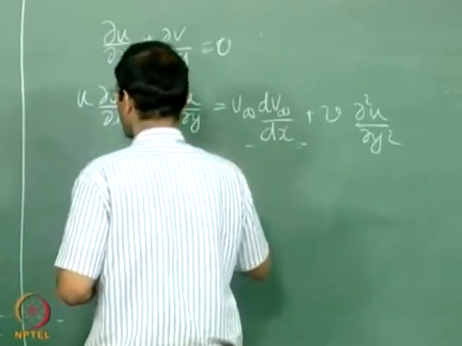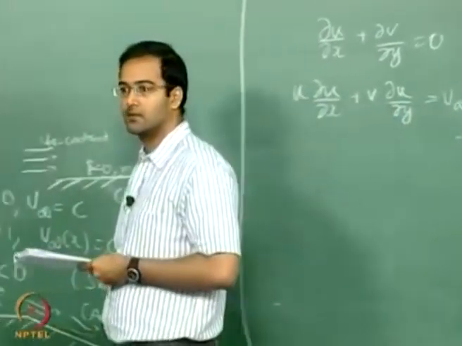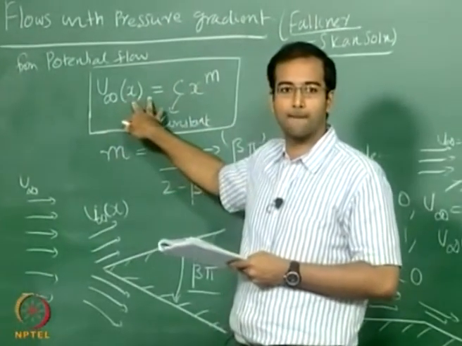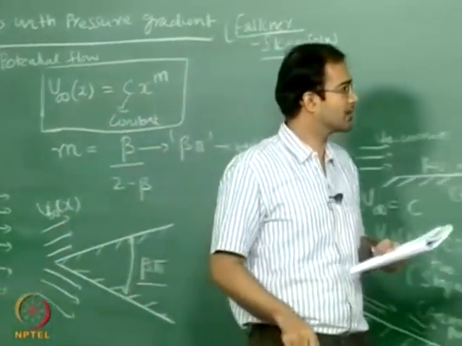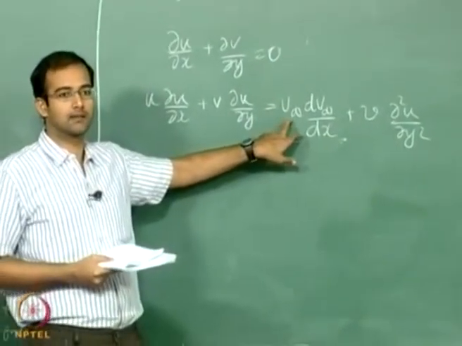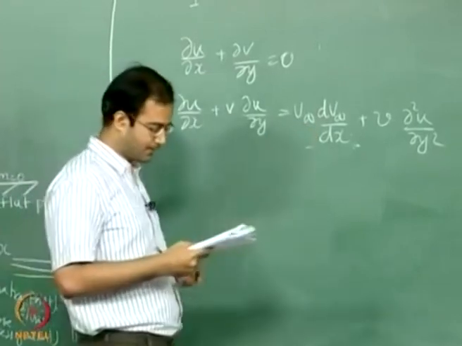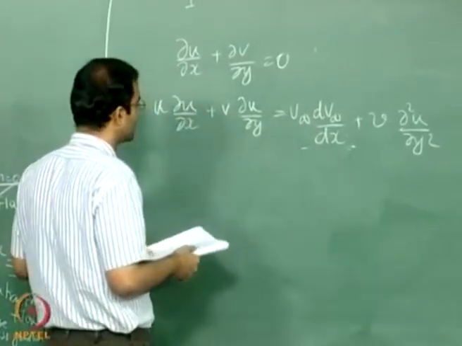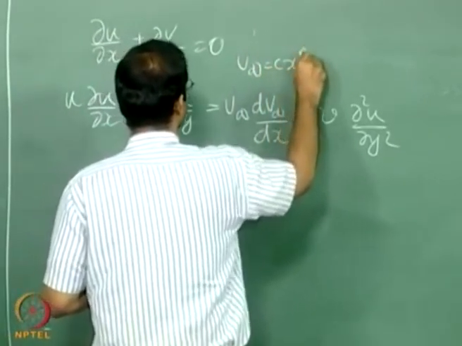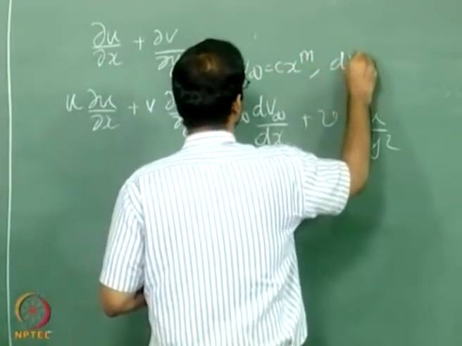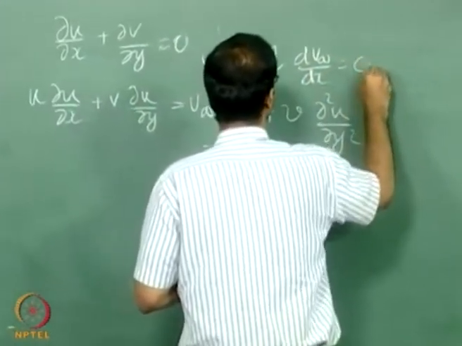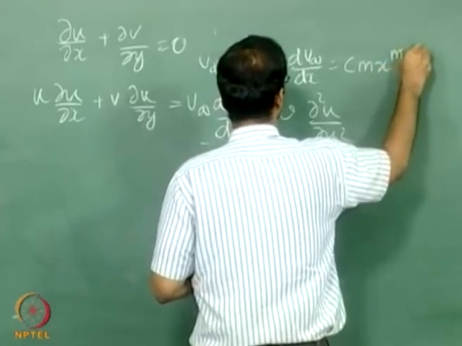Now for the class of problems we are looking at, the wedge flow problems, this is the form of the velocity profile, c x power m. So we know the functional dependence of u infinity on x. We can simply substitute it. Can you tell me how it looks? Since my u infinity is equal to c x power m, my du infinity by dx will be c m x power m minus 1.